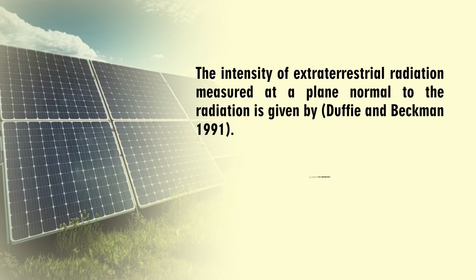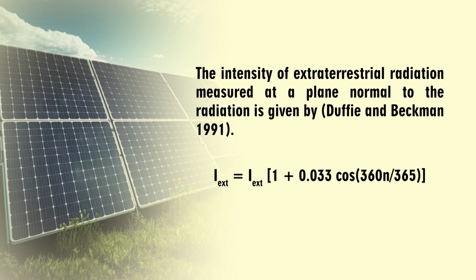Here you can see the intensity of extraterrestrial radiation measured in plane normal to the radiation. This formula is given by Duffie and Beckman. It can be written as I extraterrestrial is equal to I_SC multiplied by 1 plus 0.033 cos(360 n divided by 365).